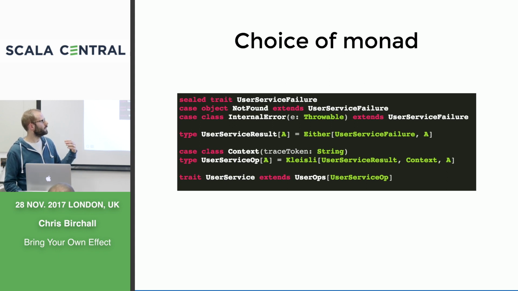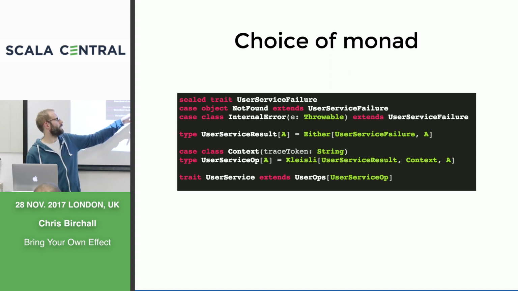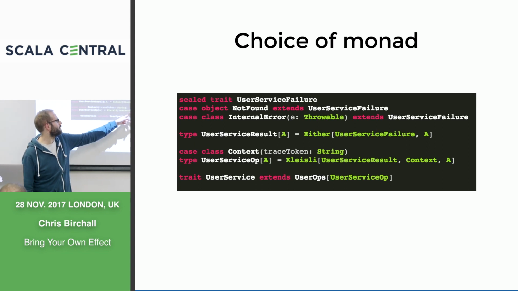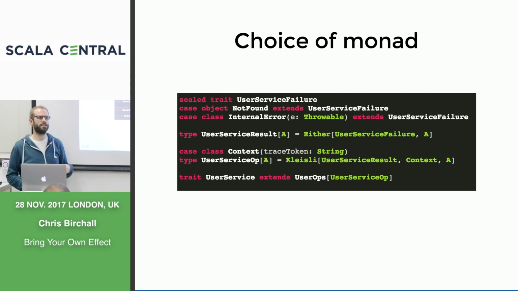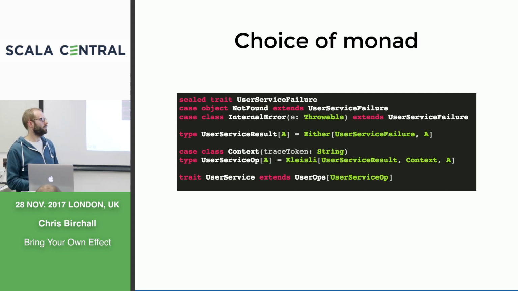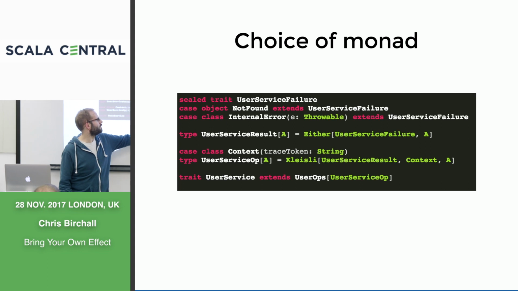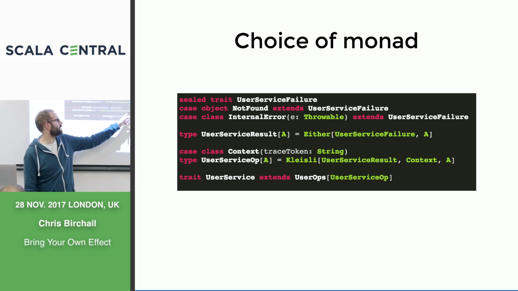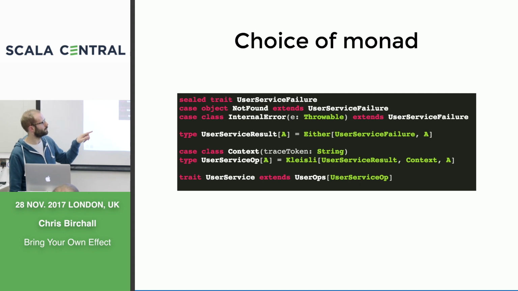So our monad ends up being a Kleisli which takes a context and returns a user service result of A. So Kleisli, if you've never heard of it, it's a way of wrapping a function but allowing you to compose them sequentially. So you can just think of it as a function from context to user service result of A. It's just a shame that everything's in the wrong order.